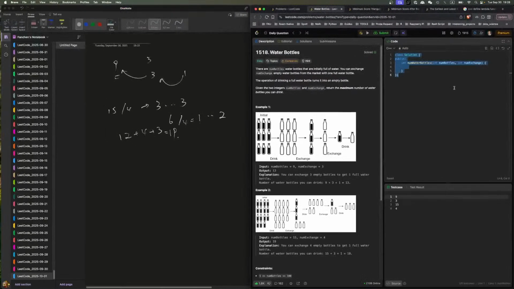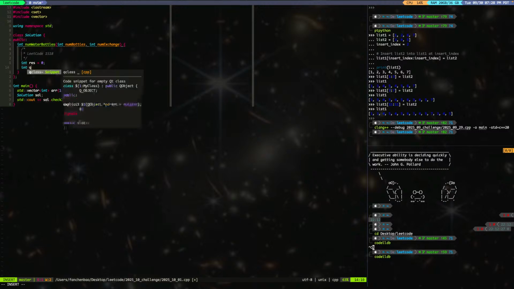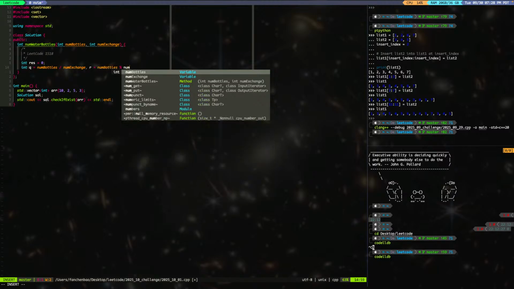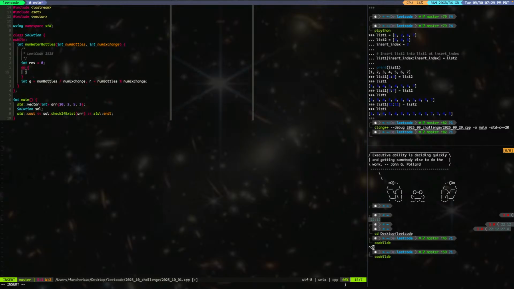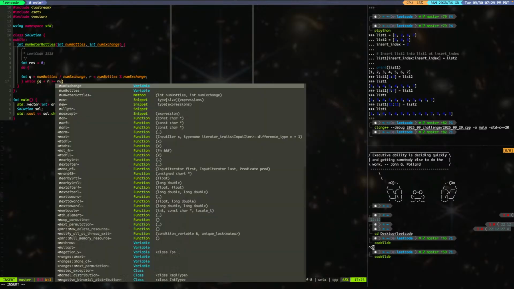And what we need is quotient, which is num bottles divided by num exchange, and remainder. Maybe I can use a do-while. Do this while q plus r is larger or equal to num exchange.